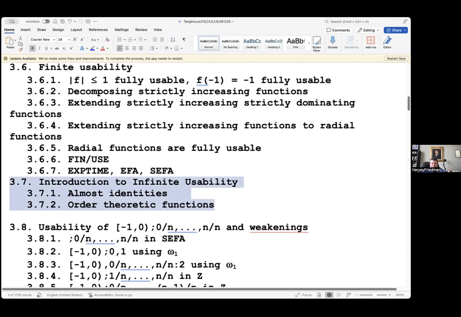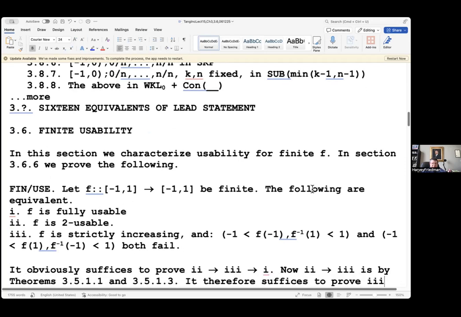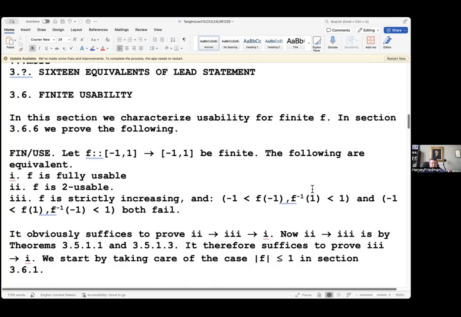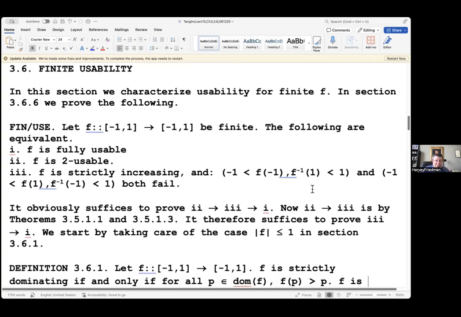All right, so let's proceed with this. We want to characterize usability for finite f. And here is the theorem that we finally prove in section 366 after a lot of preparation. If I have a partial function on rationals from -1 to 1 that's finite, the following are equivalent.